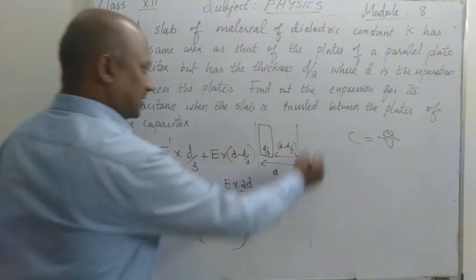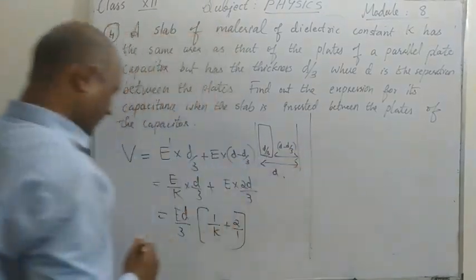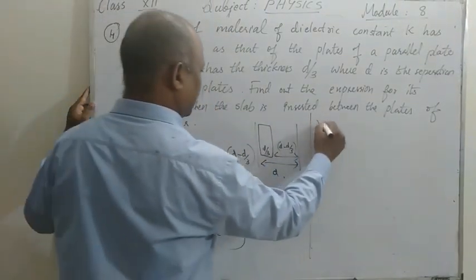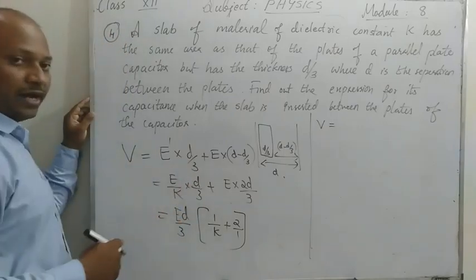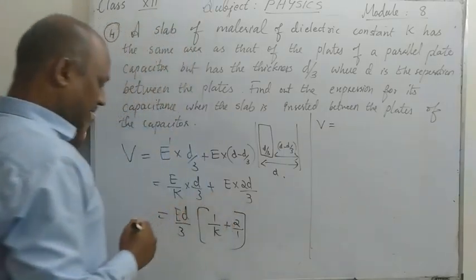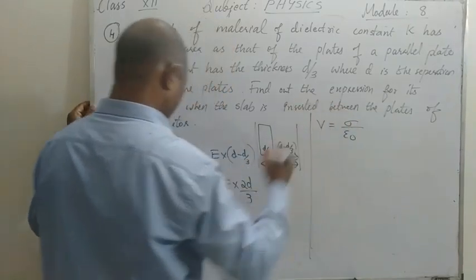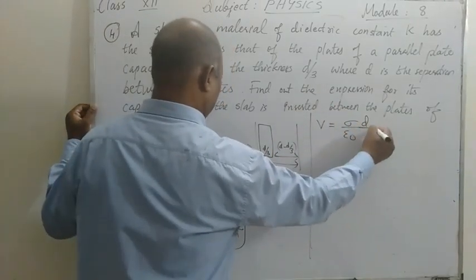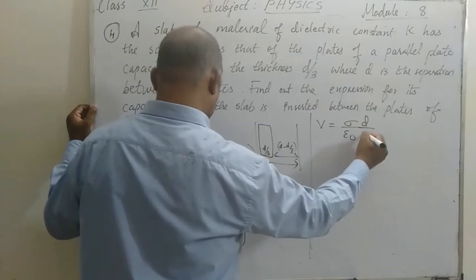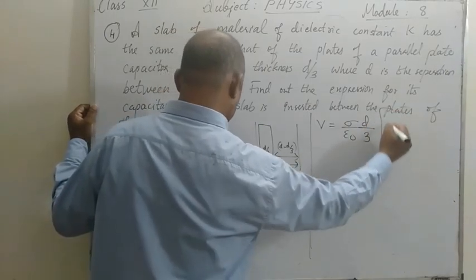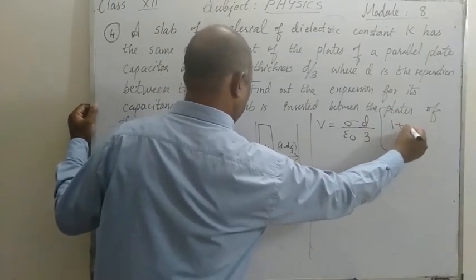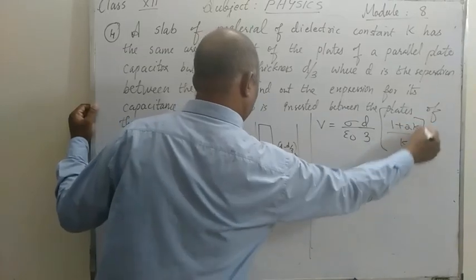Instead of E we can write electric field is sigma upon epsilon naught. d upon 3 is already there, so it will be like 1 plus 2K upon K, taking the LCM.